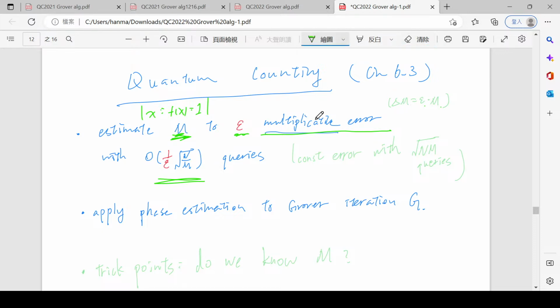But anyway, so this is the task. Is everyone okay with this? And you can probably feel that this is quite useful if you want to count the number of solutions or number of whatever items in your function. Okay? So we don't know m, so we like to use this kind of quantum counting.